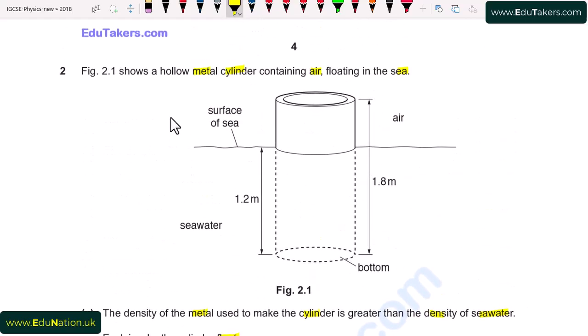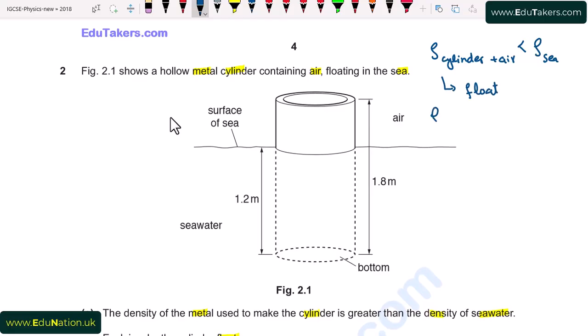First of all, we can see here that the metal cylinder also contains air, so we compare the total density of the metal cylinder and air with the density of seawater. So I write here: density of cylinder plus air. If it is less than the density of seawater, then the cylinder will float.